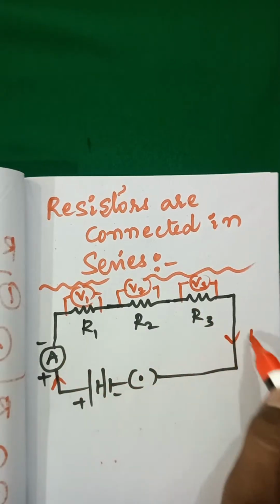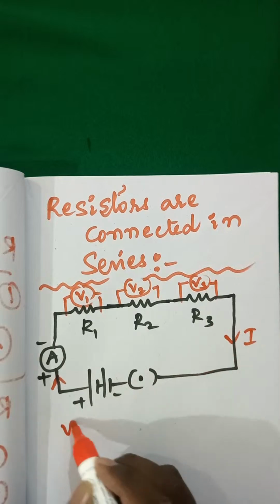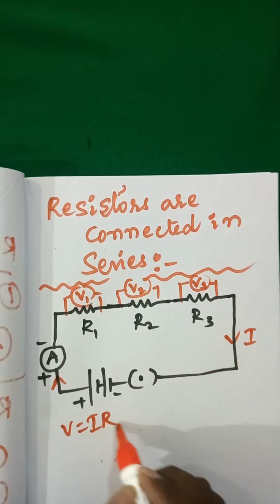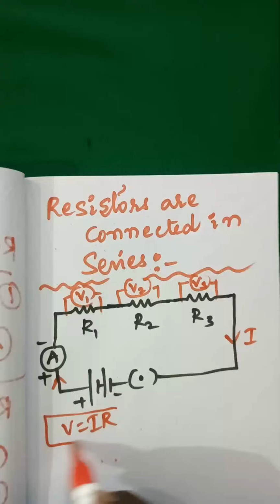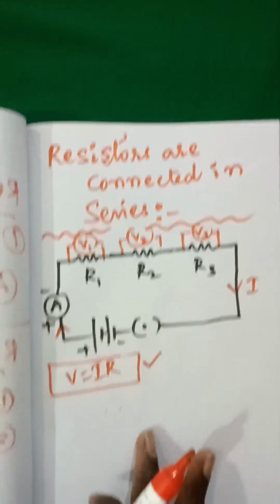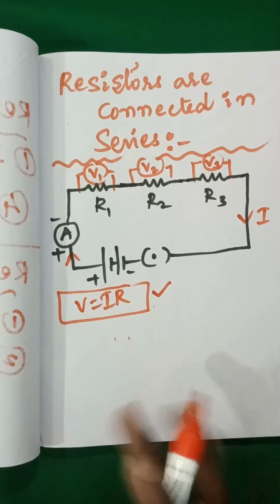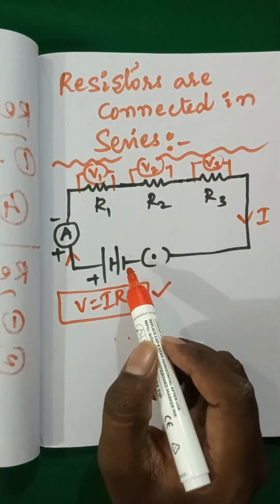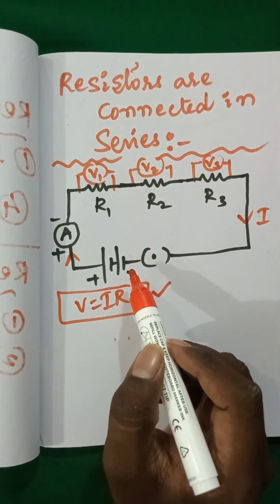From Ohm's law, V equal to IR. So potential difference V equal to IR. Clear?